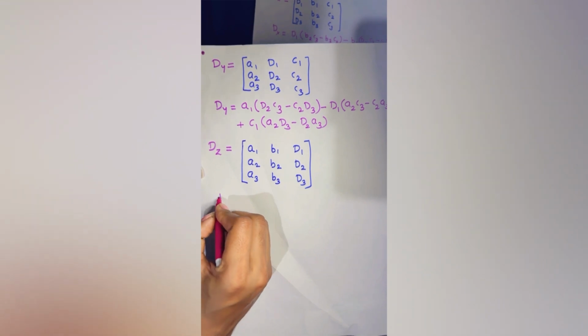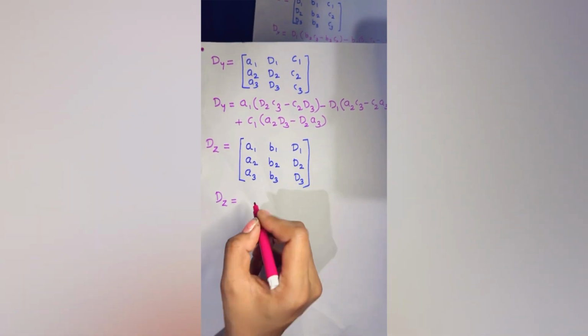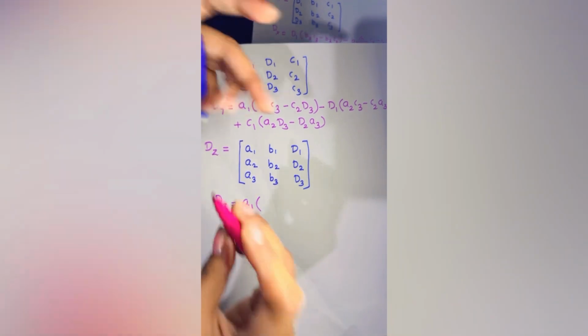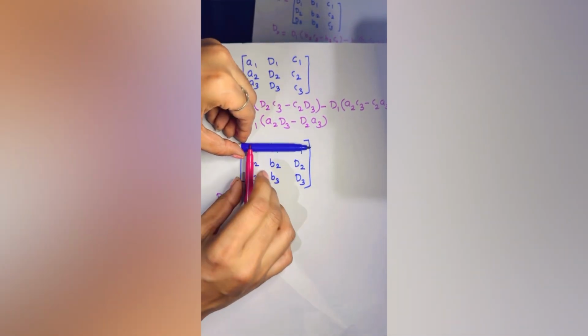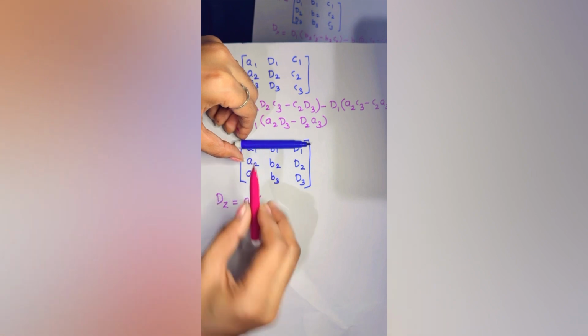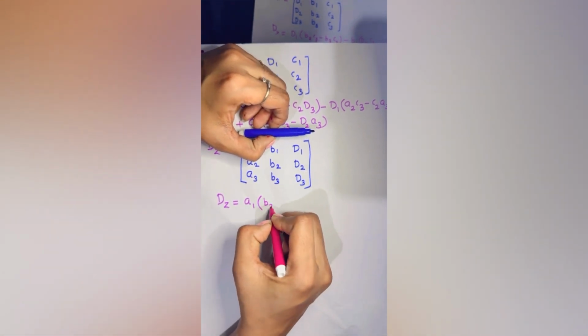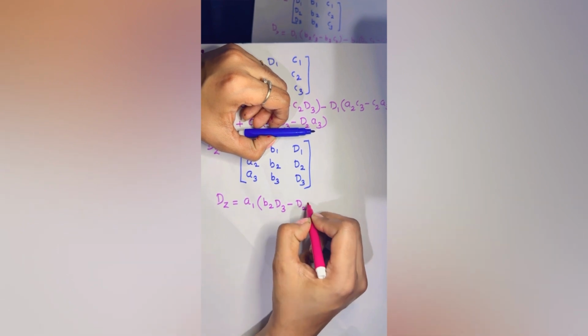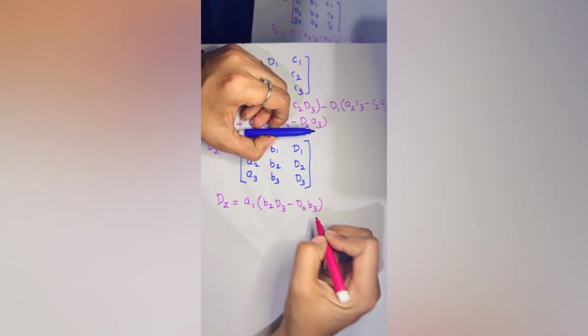Now calculate the determinant of z. a1 times b2 d3 minus d2 b3.